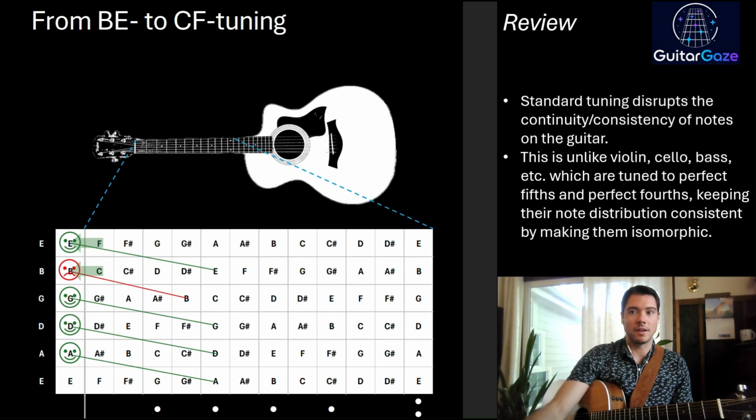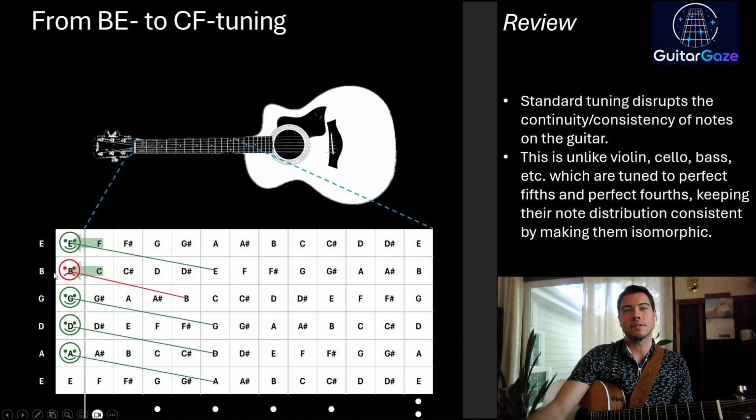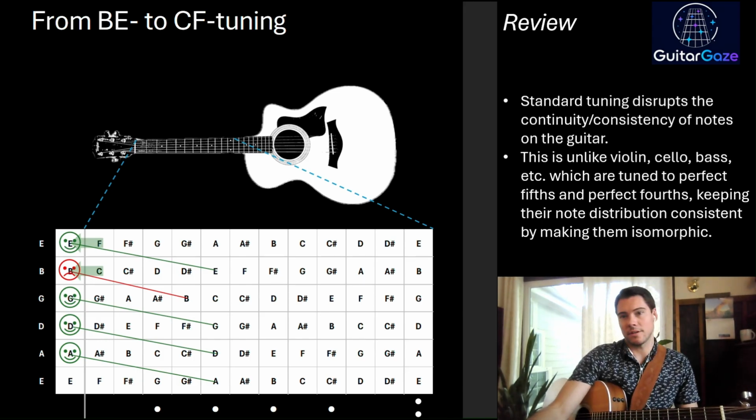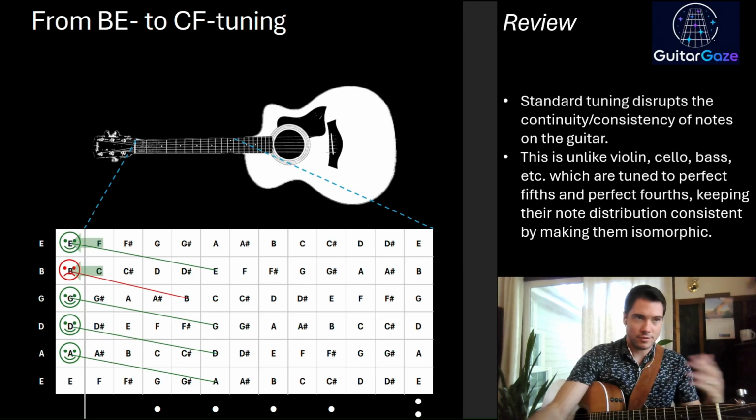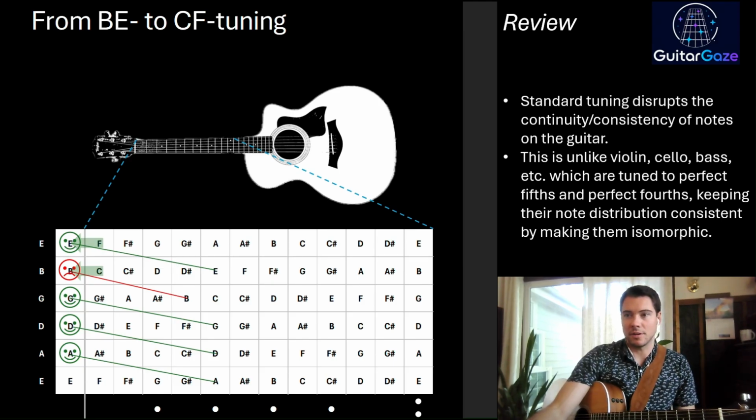In standard tuning, instead of the intervals between all of the strings being equivalent to 5 frets or half steps, like you see here with the A string being equivalent to the 5th fret on the E string, there's an inconsistency between the G and the B string, where the interval between those two strings is only 4 half steps. This is unlike other string instruments such as violin, cello, and bass guitar, which are tuned isomorphically, which just means the intervals between all the strings are the same.